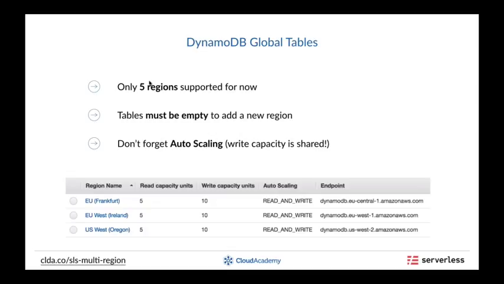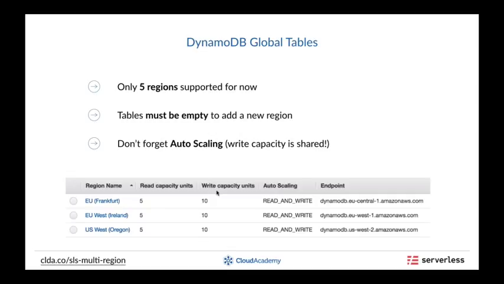And the third gotcha for you is that auto-scaling matters here. Don't forget auto-scaling. This is important because, in a few words, your write capacity is shared across regions. Let me show it with an example. Let's imagine that in our single region setup, we had like 15 read capacity units and 10 write capacity units.